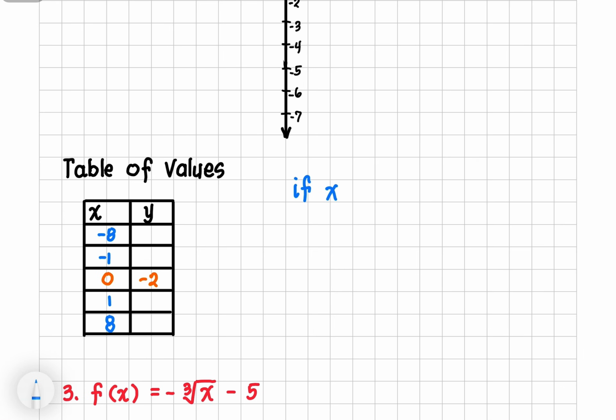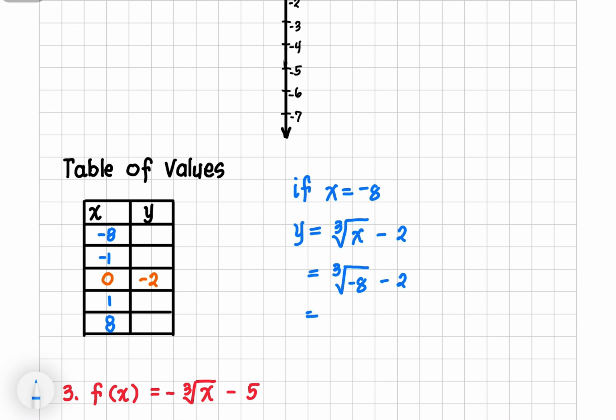If x is equal to negative 8, let's evaluate. y is equal to the cube root of x, and here it is minus 2. Substitute the value of x, which is negative 8, minus 2.